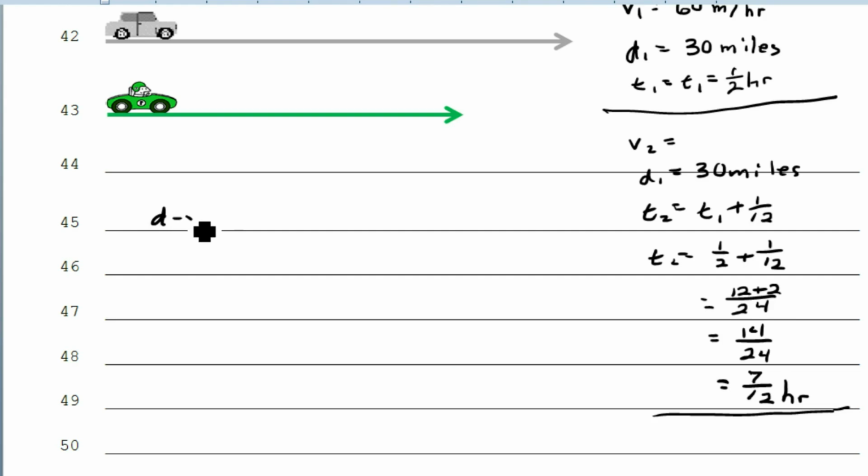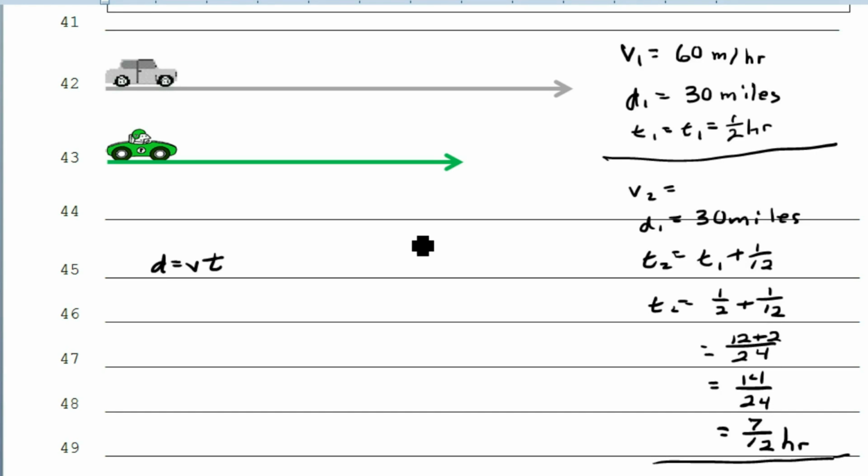We have D equals VT. And you can see the thing they have in common is the distance. They both have to travel 30 miles. So D1 equals D2, which means V1 T1 equals V2 T2. And we know everything except V2.